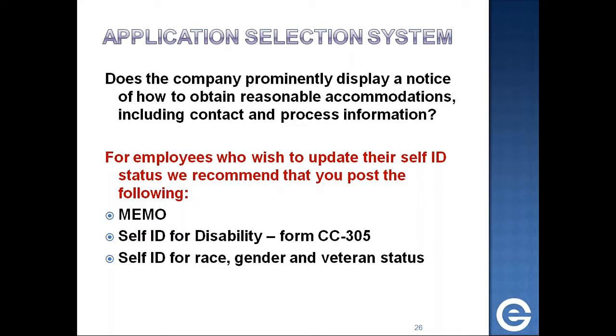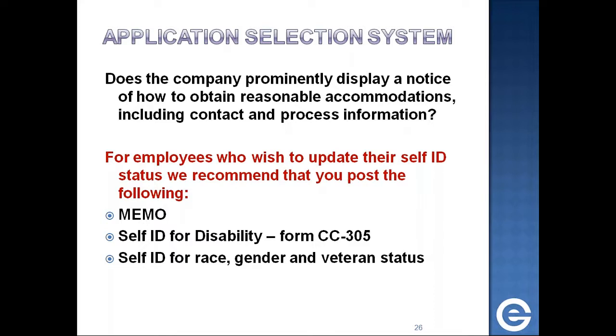If an employee wants to change their self-ID status, these notices are posted where an employee can go and read them. Also, if you have an open door policy into your HR department, there are memos and forms that they can request, or you may have an area where they can pick up memos and forms. But this would be one of them that we would suggest that you post or make available to your employees.